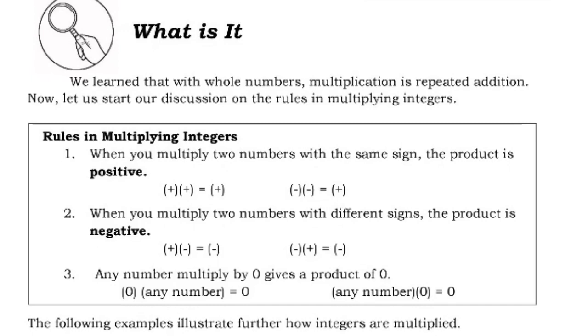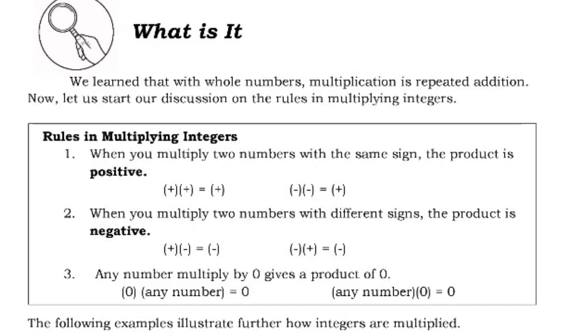Number 1, when you multiply two numbers with the same sign, the product is positive. So plus times plus equals plus, positive. Minus times minus, or negative times negative, equals positive. Number 2, when you multiply two numbers with different signs, the product is negative.